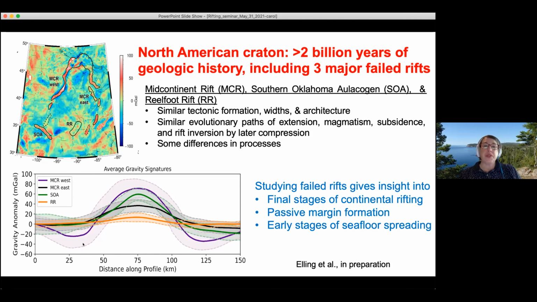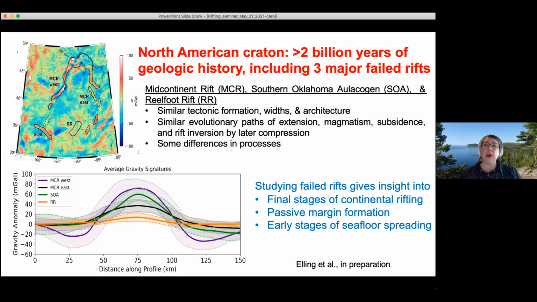These three rifts have very similar tectonic history, widths as shown in the gravity signature architecture, a sort of similar evolutionary path with extension and then magmatism, subsidence, and rift inversion by compression, by collisions of continents and plates with Laurentia. But there are differences in the processes.